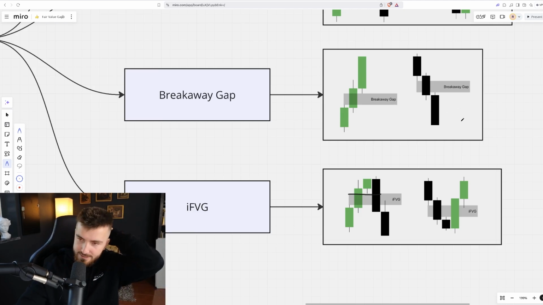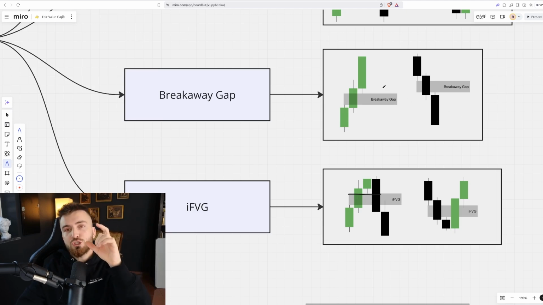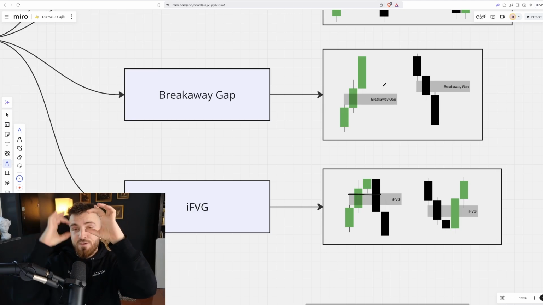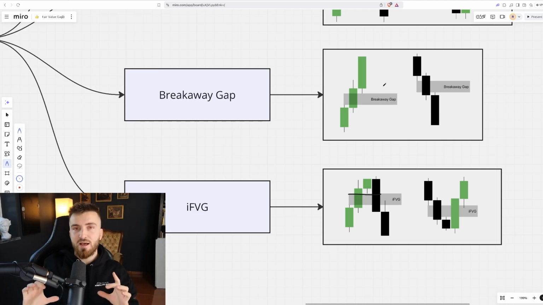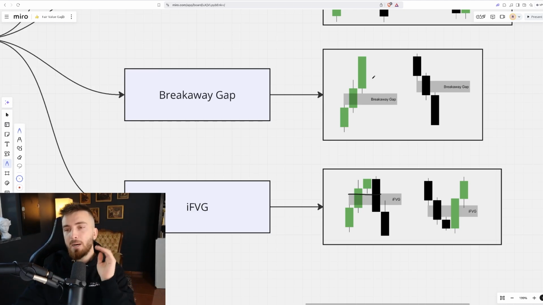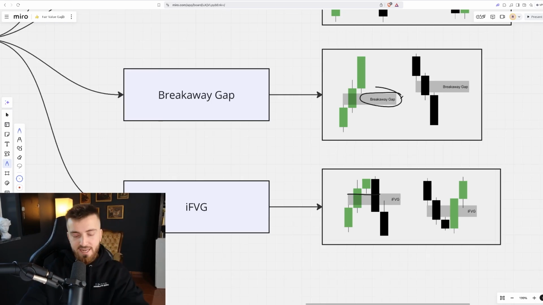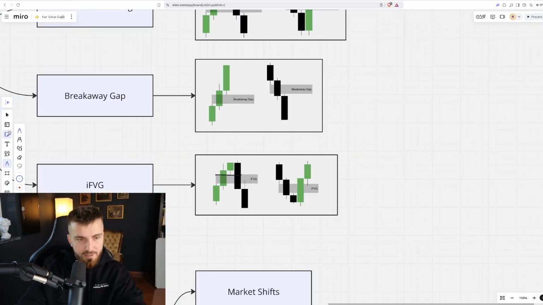What that means in terms of a fair value gap is that there's so much momentum behind the market that the market doesn't even have to fill the gap in fair value, which is what a fair value gap is. But what you expect from a breakaway gap is that it should not be traded into.